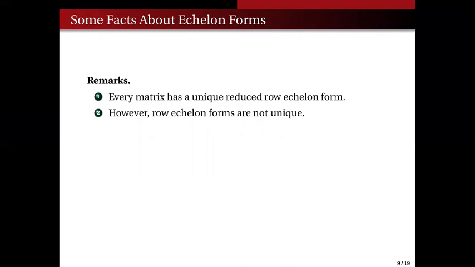So there will be several row echelon forms for a matrix, but there will be only one reduced row echelon form. So most of the time, I will be asking you for the reduced row echelon form so that we will have the same answers. Okay?